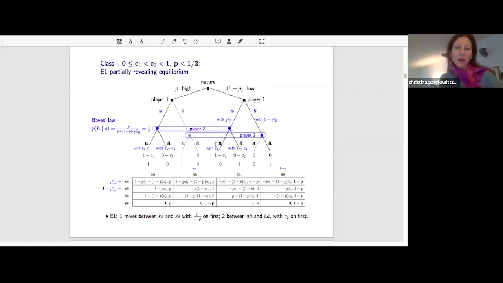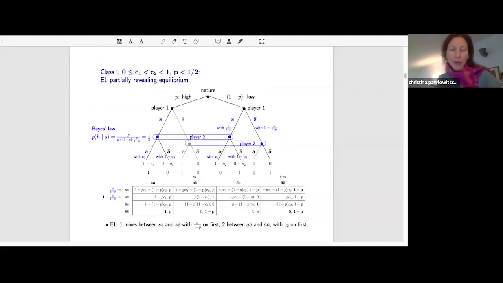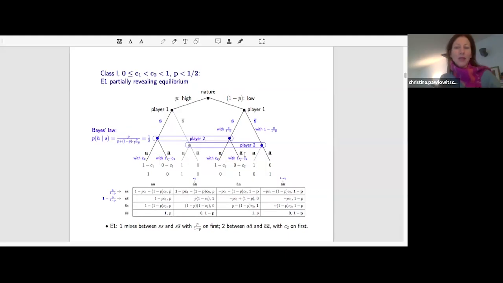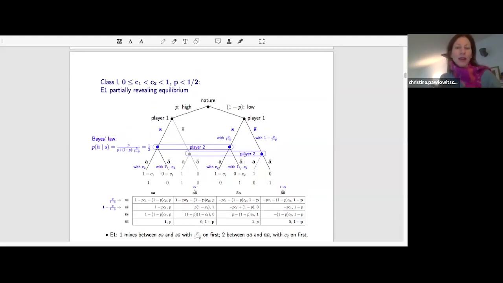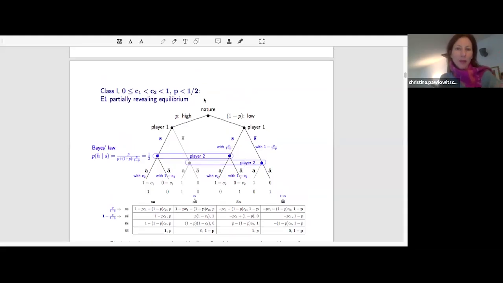I will not comment on how we calculate the equilibria by using the extensive form. Let me just say in words. I should also add, I'm focusing on the case now that the prior probability for the high type is strictly below 1/2. Why 1/2?